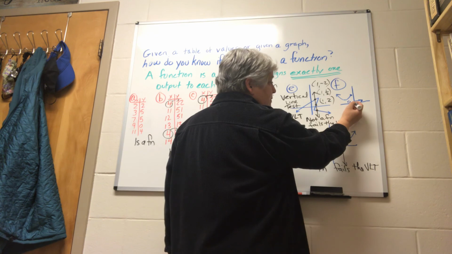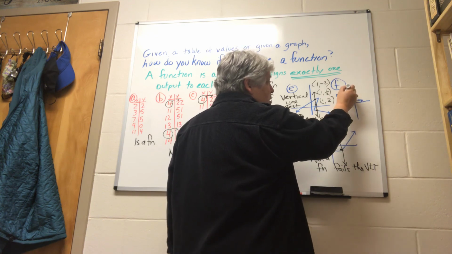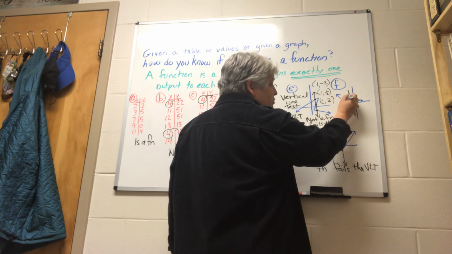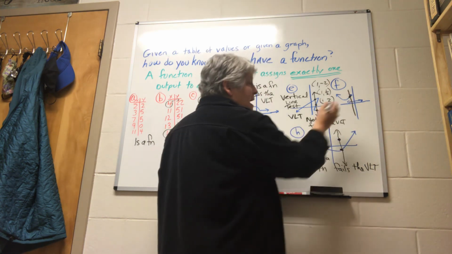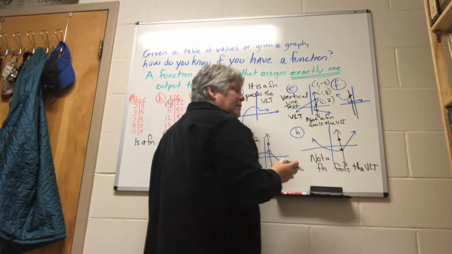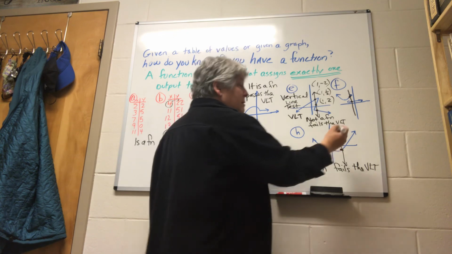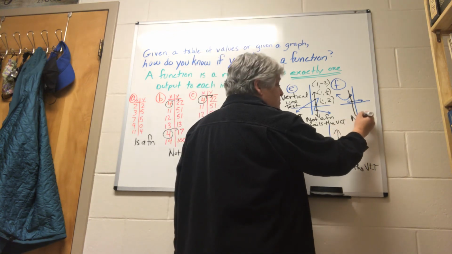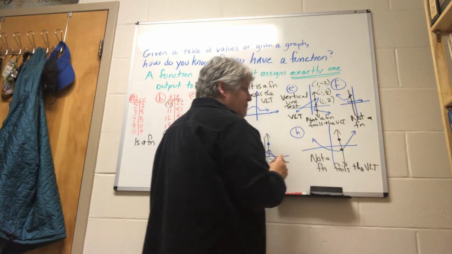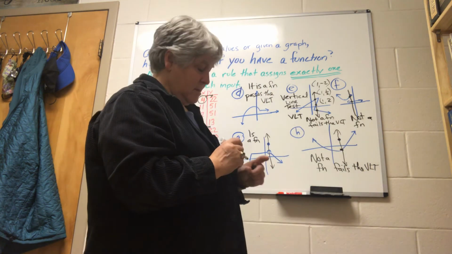But do you see how part of the graph here overlaps part of the graph here? If I draw my vertical line somewhere over here, I am capturing this point on the graph and this point on the graph. Since I can cut it more than once, we would say not a function, because it fails the vertical line test.